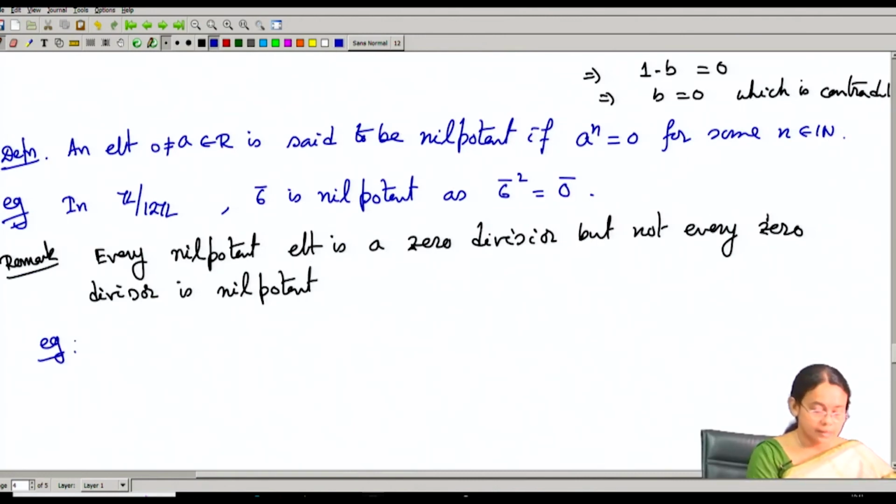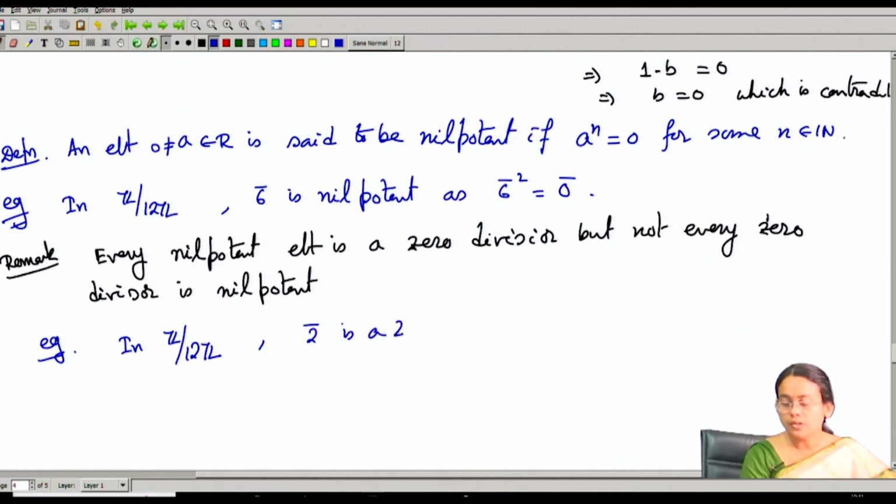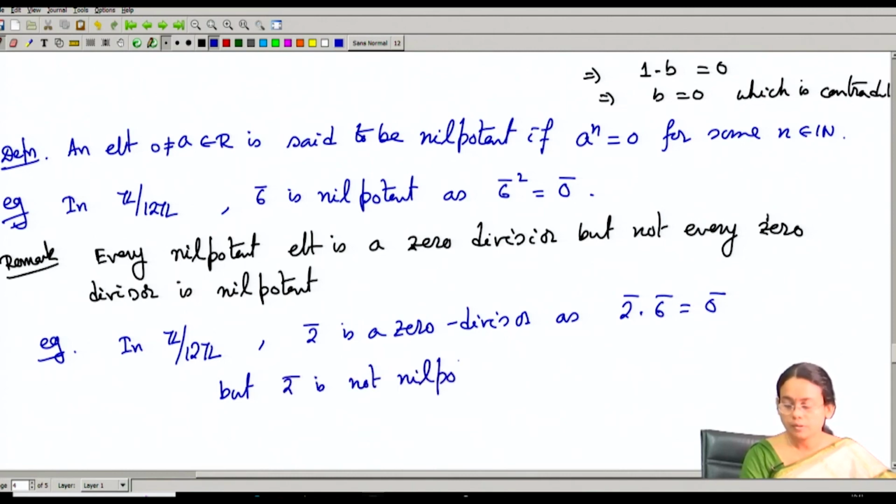We can see that in Z quotient 12Z, 2 bar is a zero divisor, as 2 bar into 6 bar is equal to 0 bar, but 2 bar is not nilpotent, because no power of 2 bar is equal to 0. So, this is the relation between nilpotent elements and zero divisors.